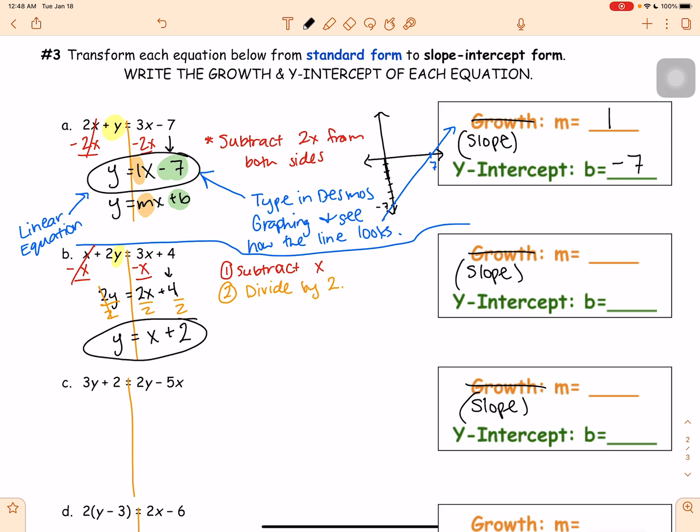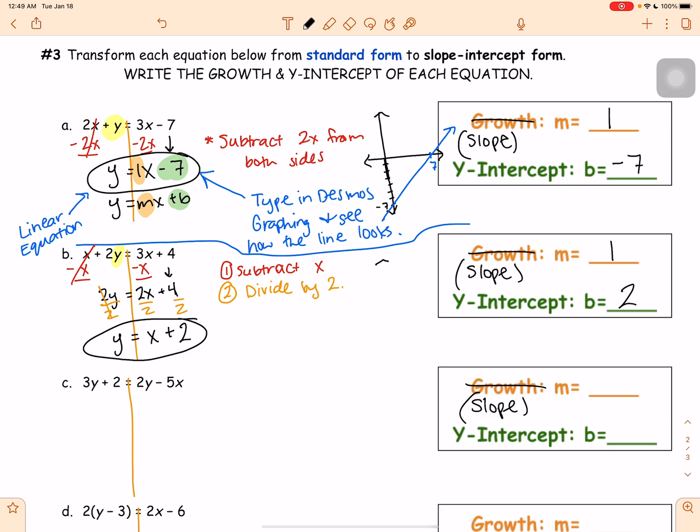And there we are. That is in y equals mx plus b form. So our slope here, what is our m, the number attached to x? It's going to be 1. And b, the y-intercept, will be 2. Positive 2, positive 1.